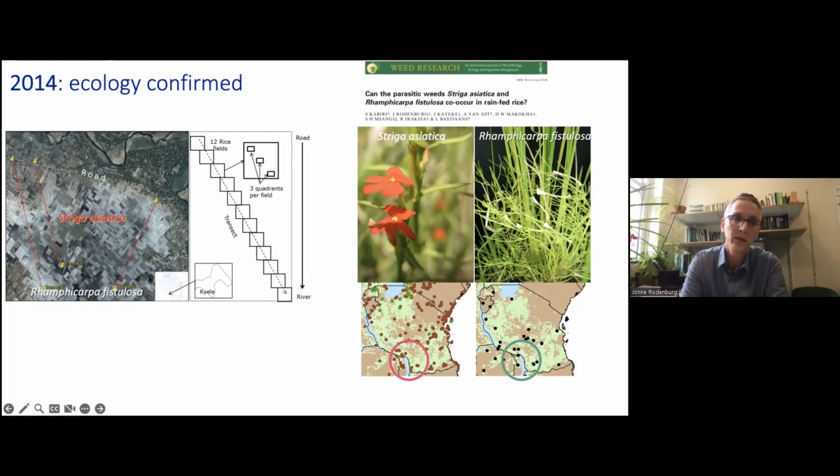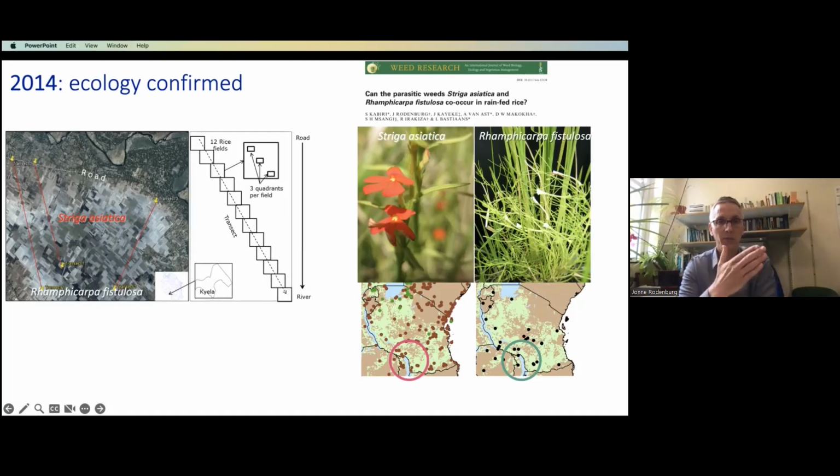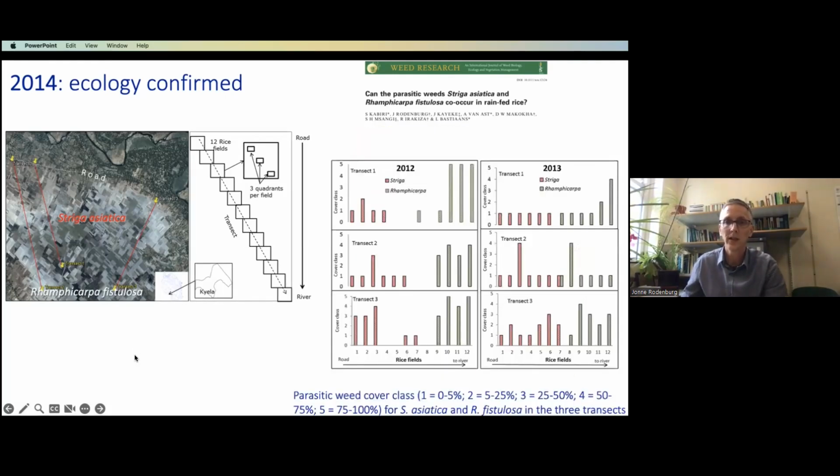So we laid out three transects, and along those transects we sampled all the rice fields that we came across. And this is what we observed in 2012 and in 2013.